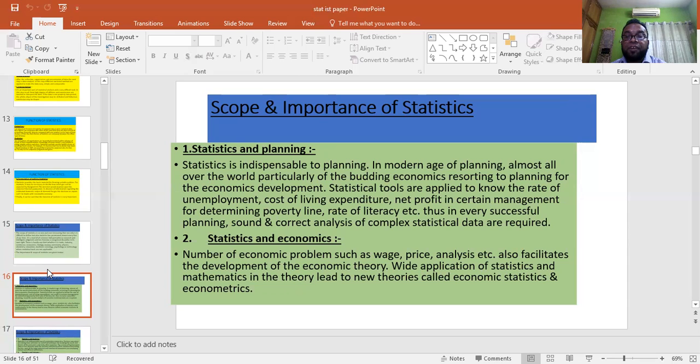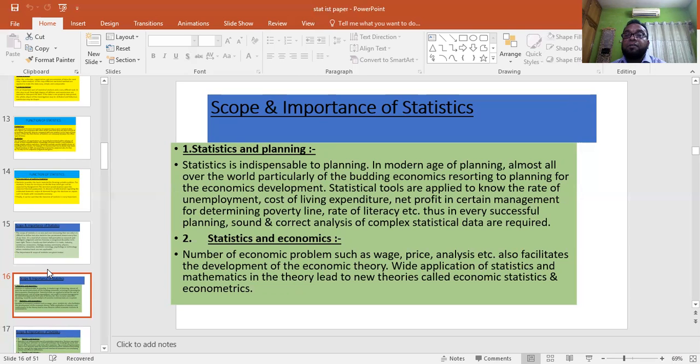Wide application of statistics and mathematics in the theory leads to new theories called economic statistics and econometrics. The economic statistics is called econometrics.